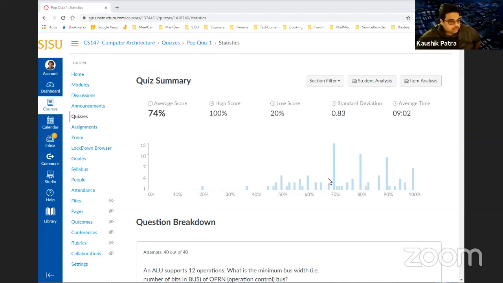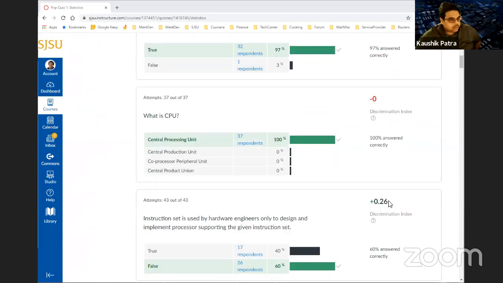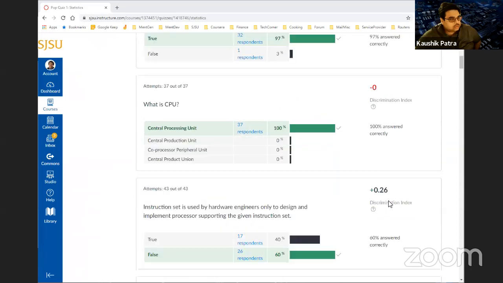I can see it's mostly in the 70s percent, average 74, high 100, low 25, with the standard deviation of these. And probably you can see these quizzes too, right?